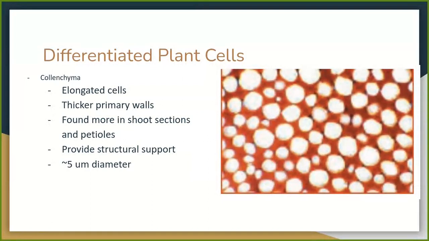For example, if you look in the image, you can see some of the cells have very thick walls, but the others don't really. Young stems or petioles have strands of collenchymal cells below their epidermis that help to maintain structure. But the structure is not too stiff, unlike the next thing that we'll talk about, the sclerenchyma cells.